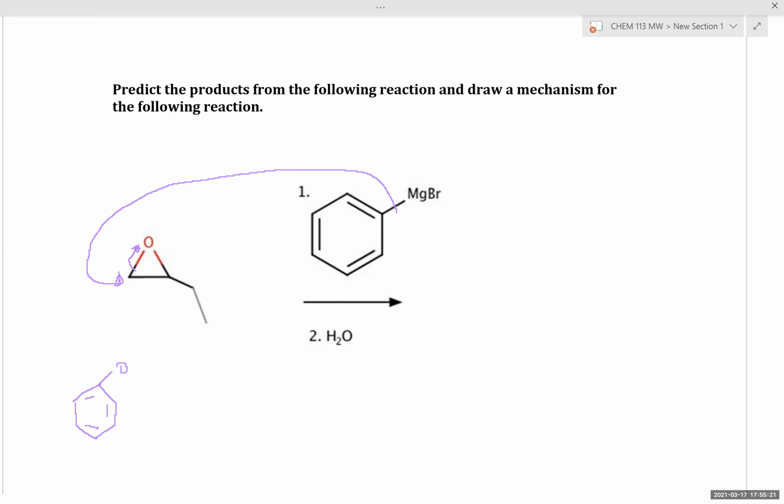And remember, the nucleophile is attacking the electrophilic carbon of the epoxide. And then remember, when we open the epoxide, the alcohol or the alkoxide ion ends up on the other carbon.